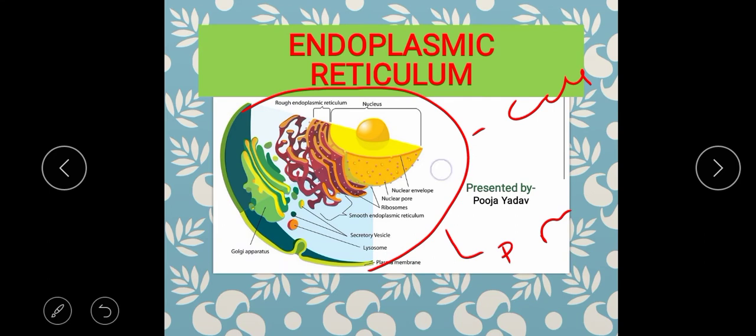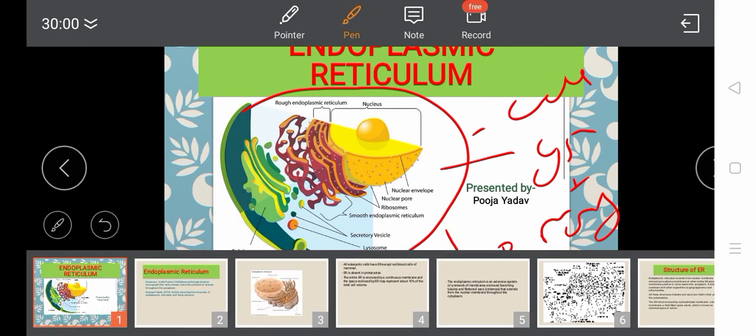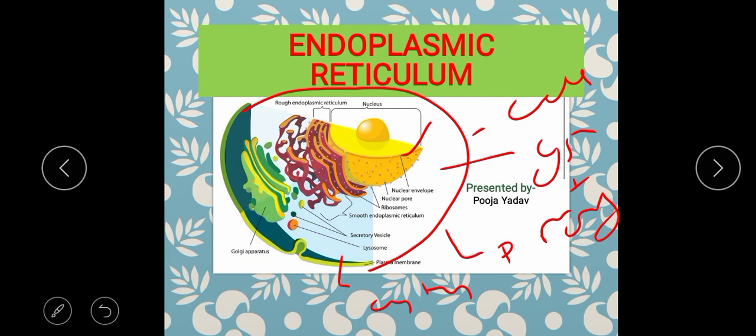Inside the cell are the cytoplasm and the organelles. The liquid portion is the cytoplasm, and the organelles are the nucleus, rough endoplasmic reticulum, smooth endoplasmic reticulum, Golgi apparatus, secretory vesicles, lysosomes, etc.